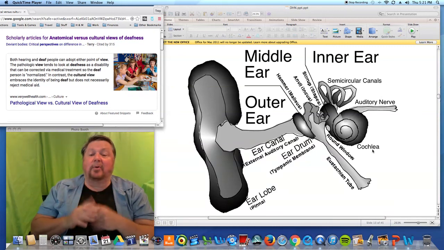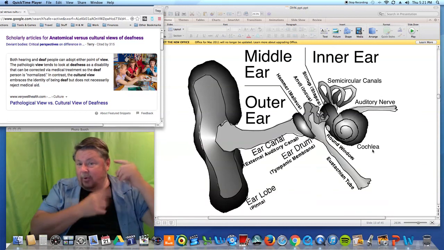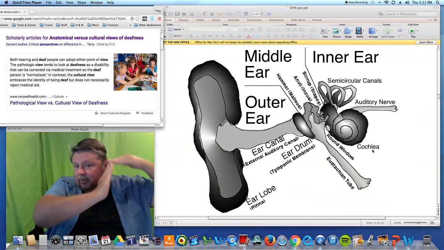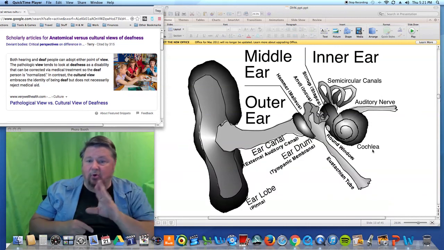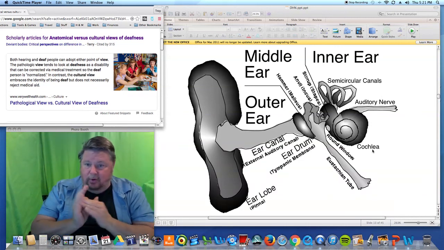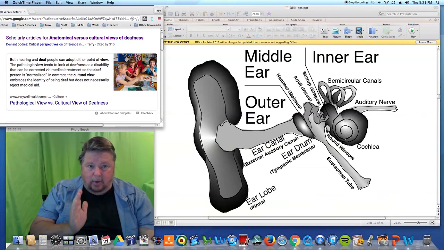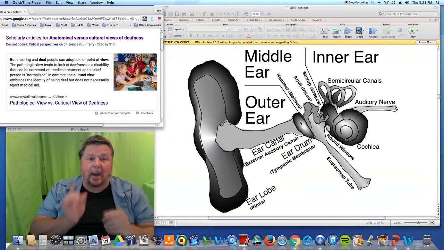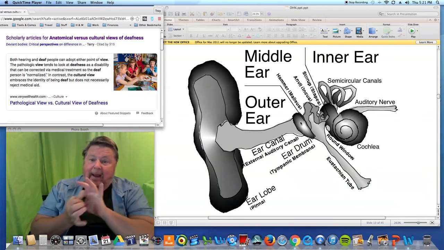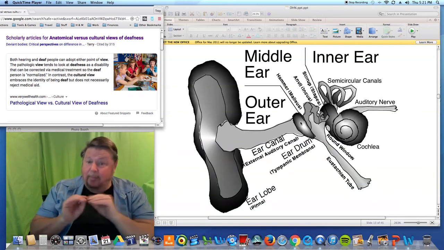So we start off with the outer ear funneling sound waves to the eardrum, which moves. Then inside you have bones attached to it, and they move.